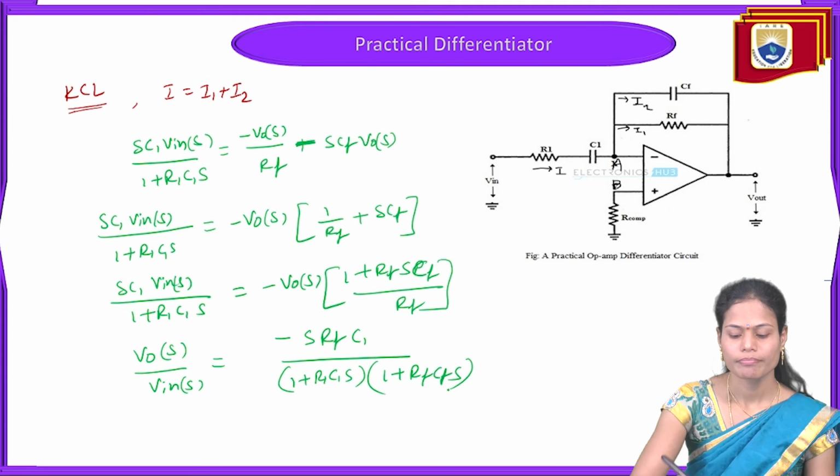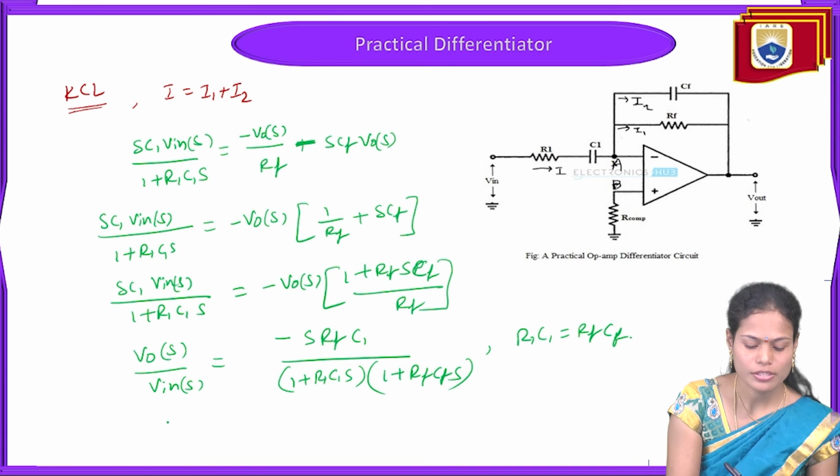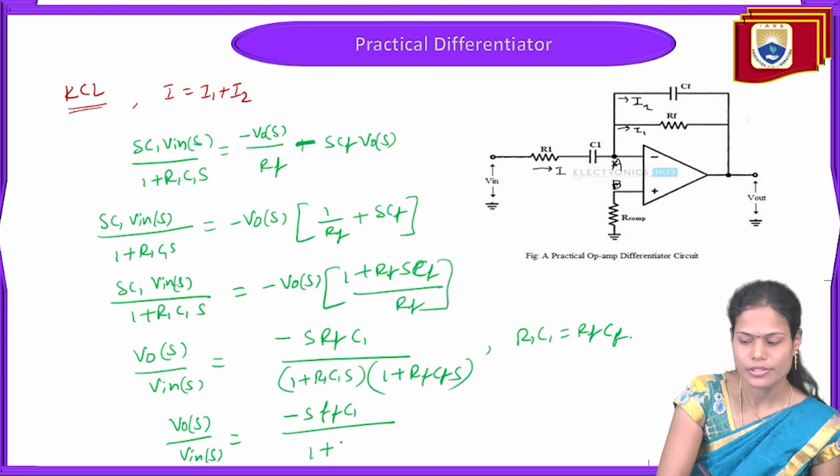Suppose I take R1 C1 equal to RF CF. In this case, this equation will become V0 of S by Vin of S equal to minus S RF C1 by 1 plus S R1 C1 whole square.